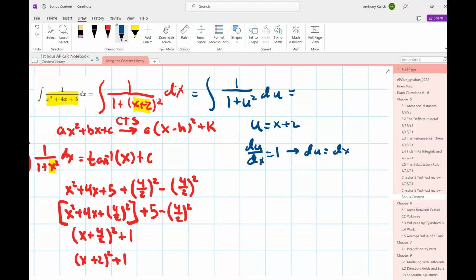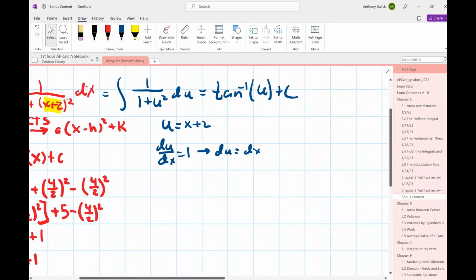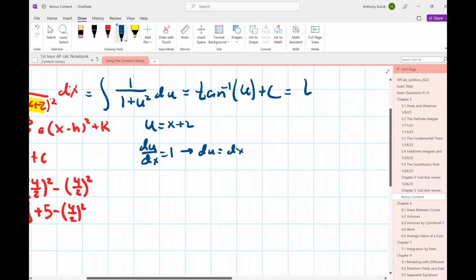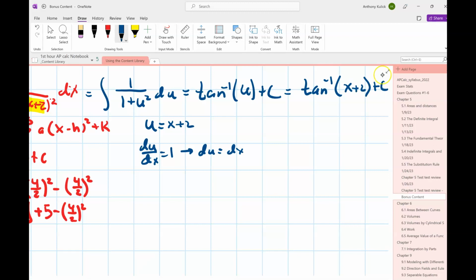And now if we use our antiderivative, it's going to be tan inverse of u plus c. And we'll just plug in for u. There we go.